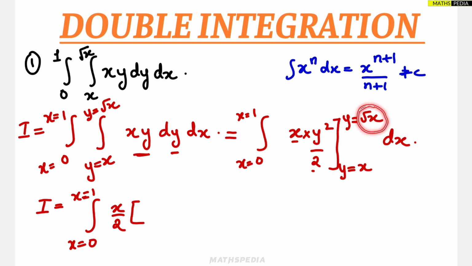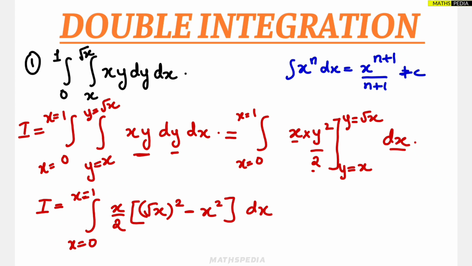The upper limit is root x, so root x will come over here. It will become root x square, simple. Minus lower limit. What is the lower limit? x is there, which I have to substitute in place of y. It will become x square. Outer part we know it is dx. So this particular thing is done.